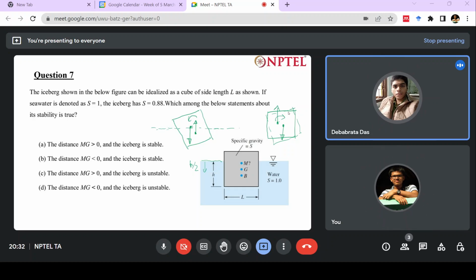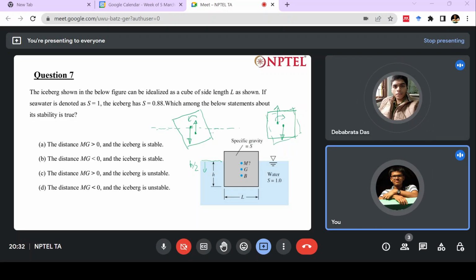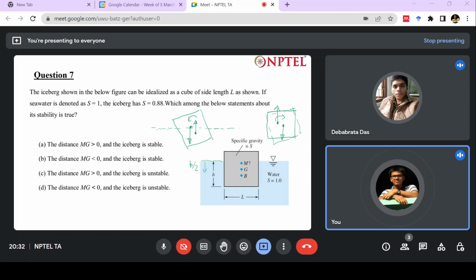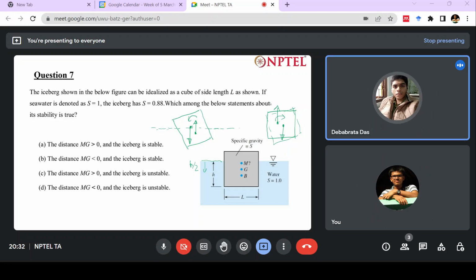And the position of the metacenter is basically used to identify this. Here, this is basically the center line, and can you give the definition of the metacenter?